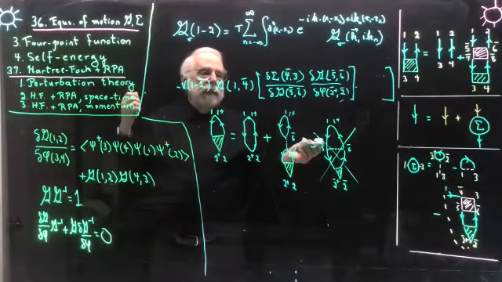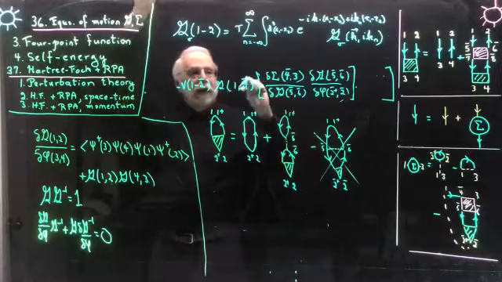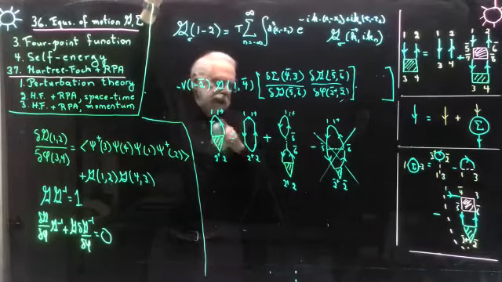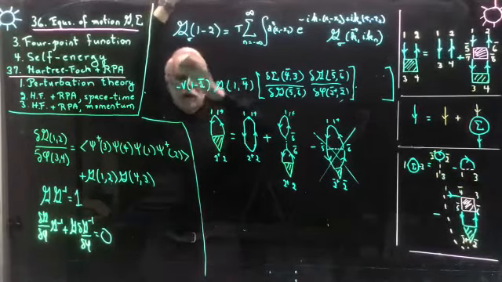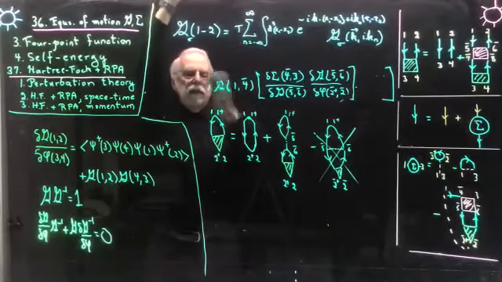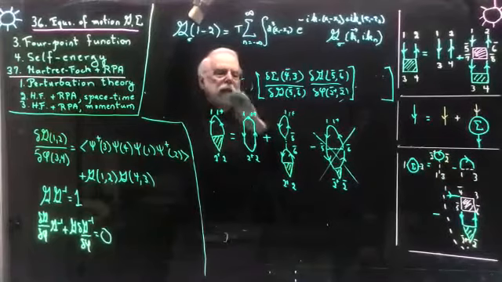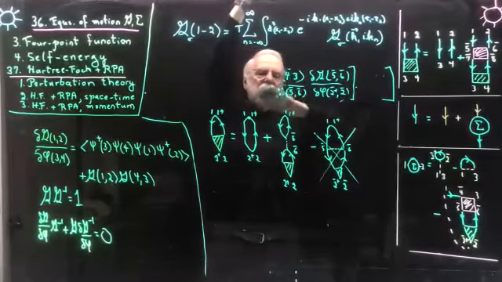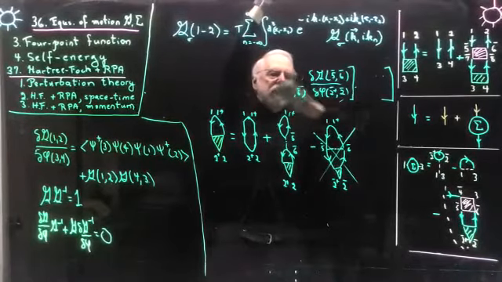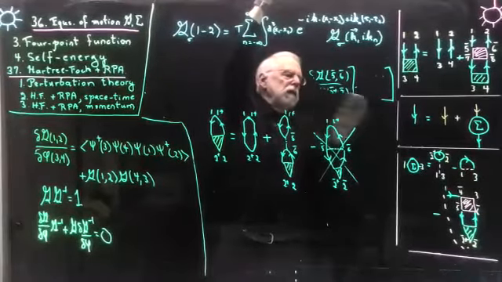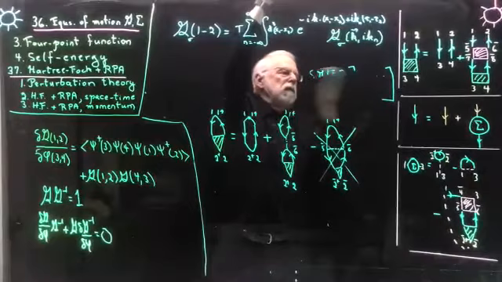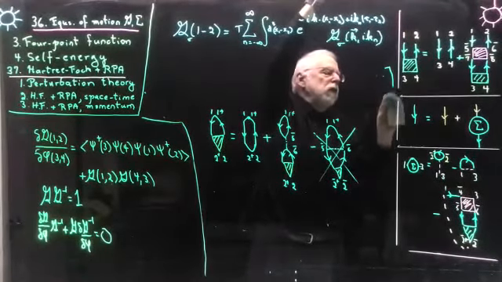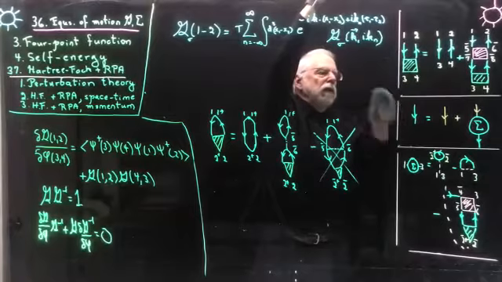Then that will be easier to work with, instead of having a Green's function in space-time. We take advantage of the fact that we have time translation invariance and space translation invariance.